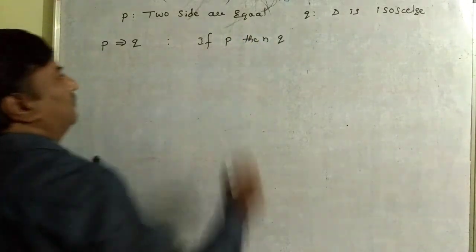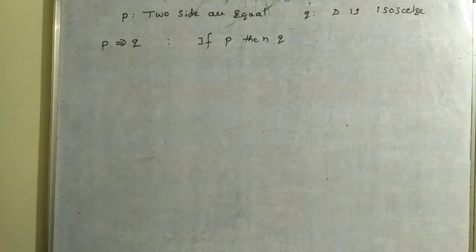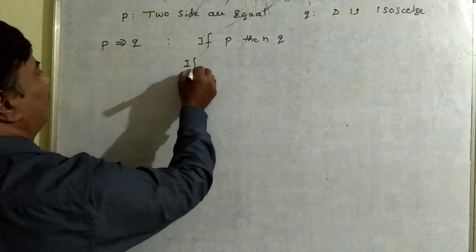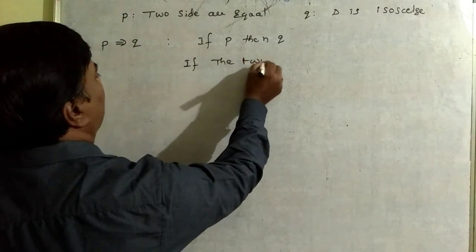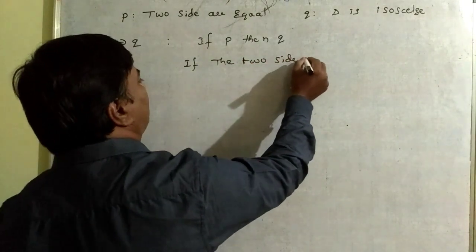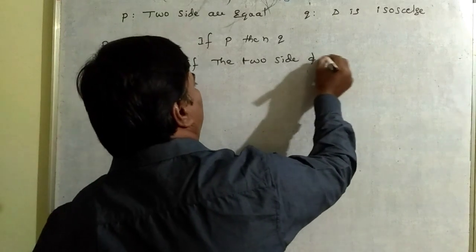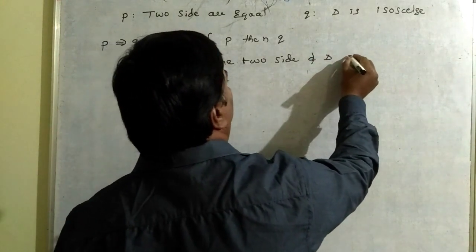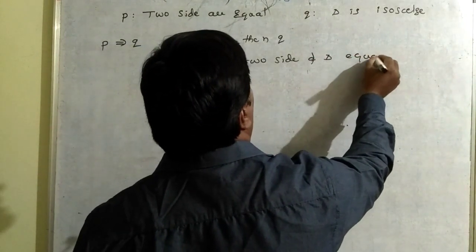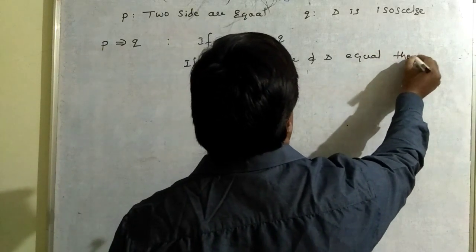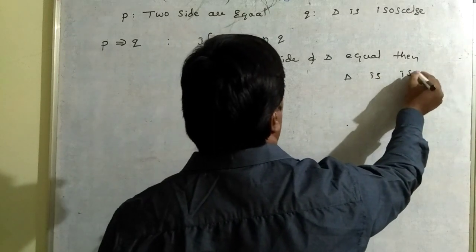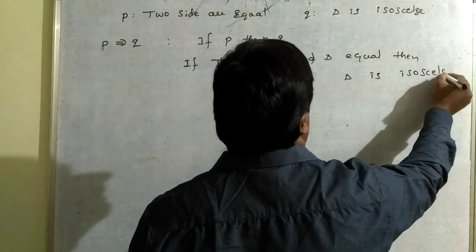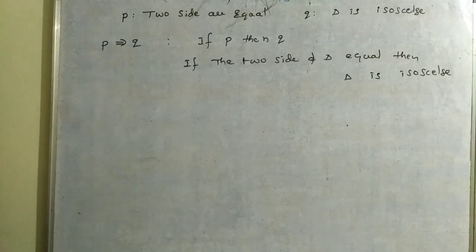That is, if the two sides of a triangle are equal, then the triangle is isosceles.